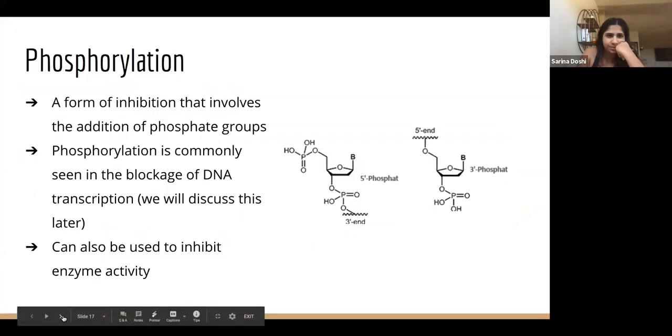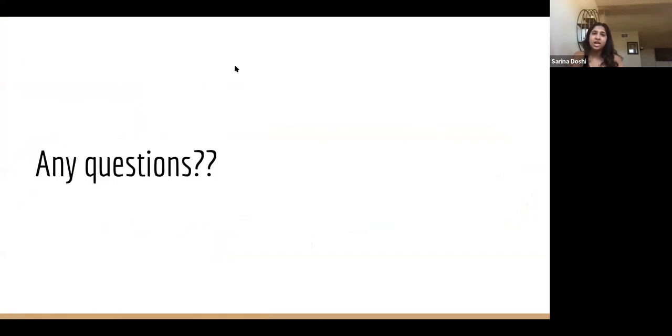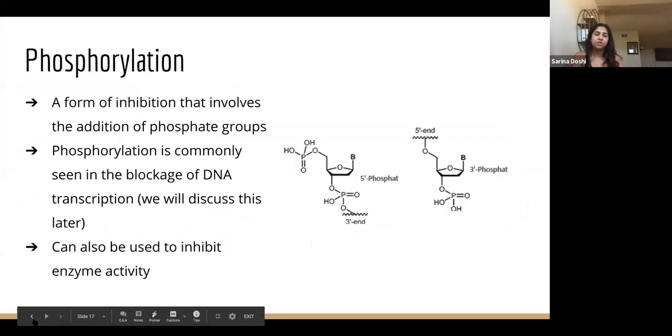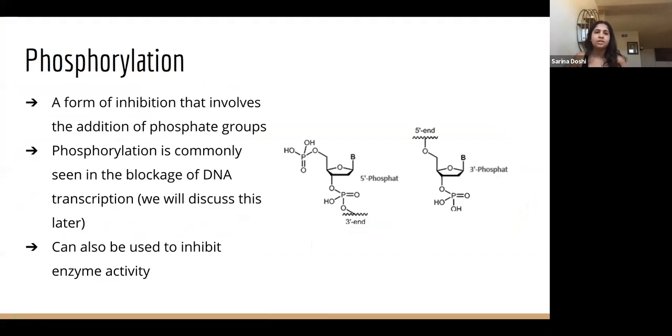Proceeding. So another type of inhibition is phosphorylation, and this actually is different because it occurs on DNA. If you don't want to transcribe DNA, the transcription of DNA requires the use of enzymes. It's very similar to enzymatic activity. And the way it's regulated is through phosphorylation. It's a form of inhibition that involves the addition of phosphate groups.